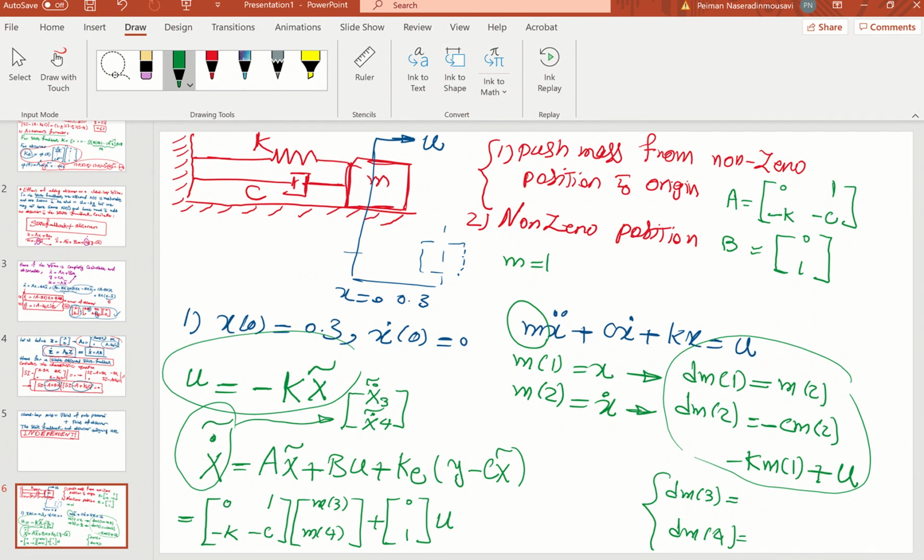So you see your u gonna be how much based on whatever I developed here? Minus k, right? Your x gonna be m3 and m4. That's right, because now you are using estimated state vectors. That's right, estimated, plus Ke. So Ke, I'm gonna show in the Matlab code. Your y is Cx. Your C, I'm saying I want to measure both of them, position and velocity.